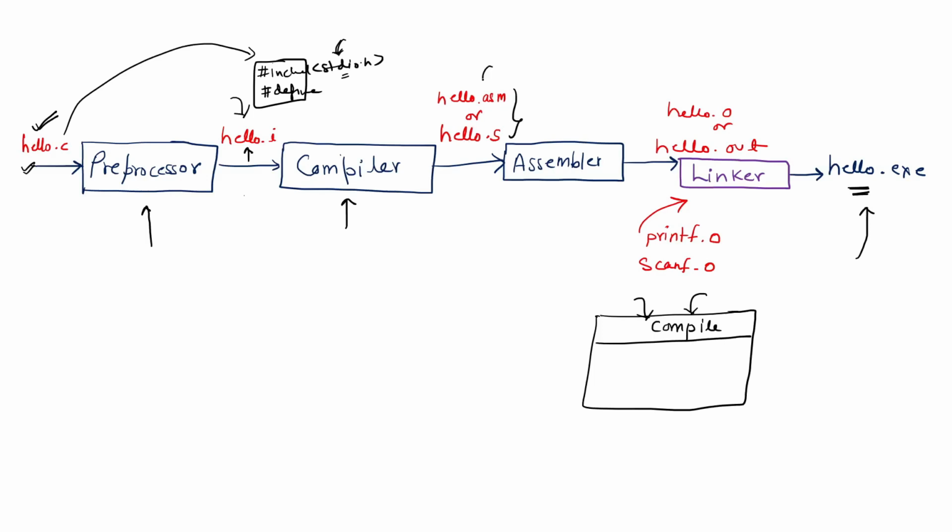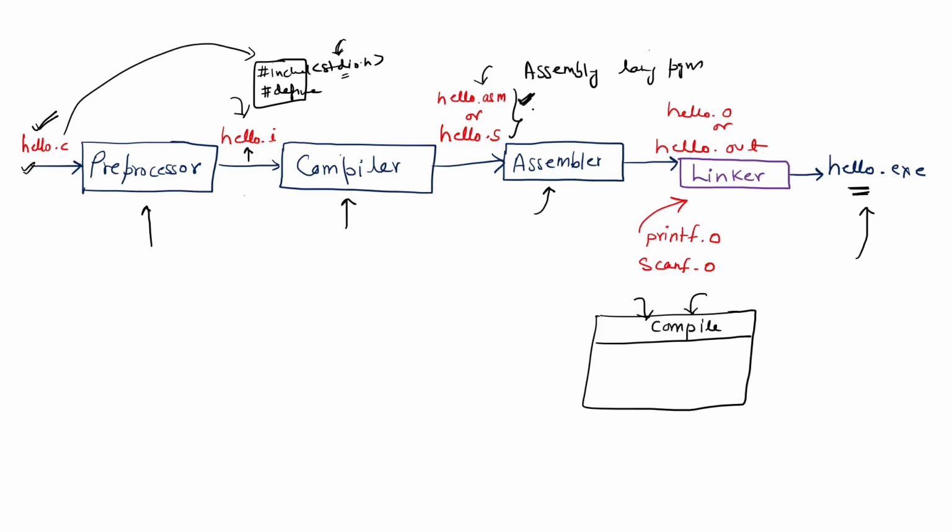Now after we have got this file, it is given to the assembler. So what will this file have? This file will actually be an assembly language program. All the instructions written inside this hello.s or hello.sm will be in assembly language.